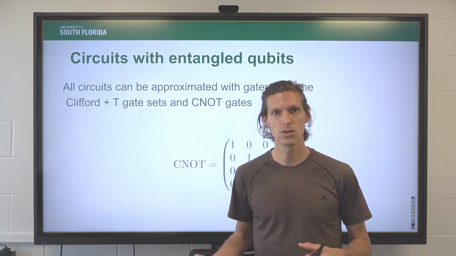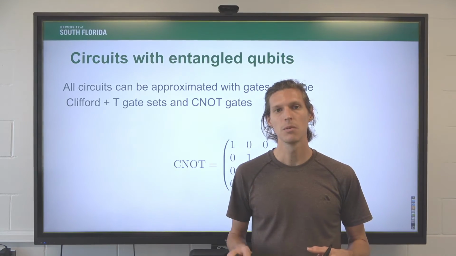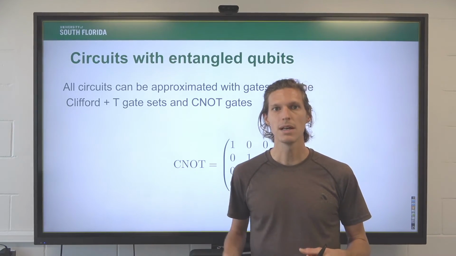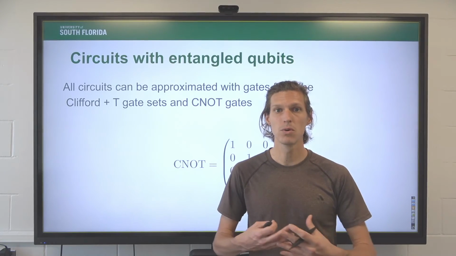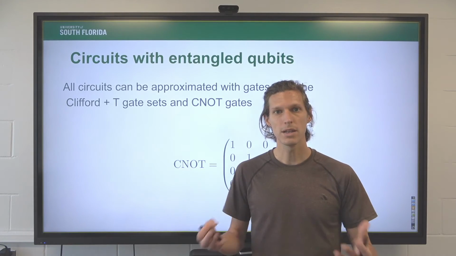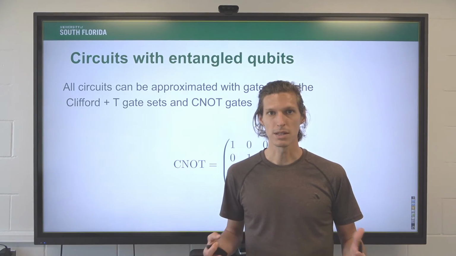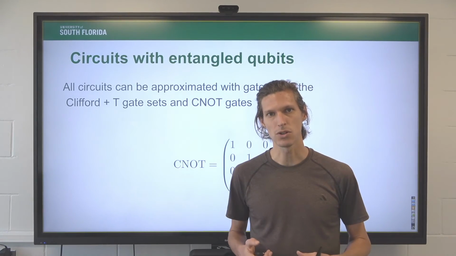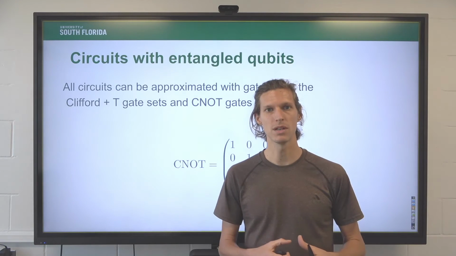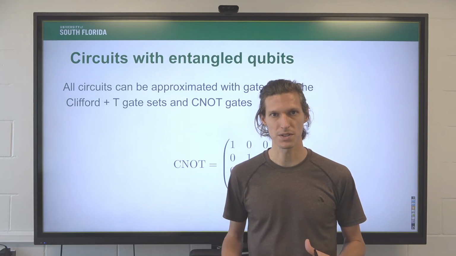Now, other gates could do it, but CNOT plus Clifford plus T is, I think, the most widely used and referenced gate set. It is not the only gate set you can use, but it is the one that we'll be using and referencing throughout the course.